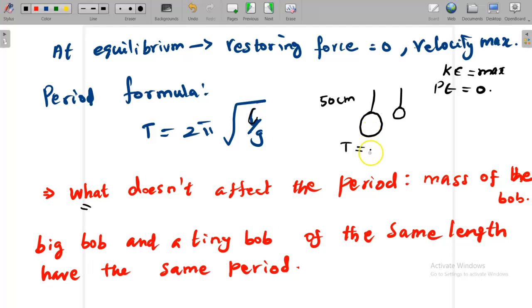The time period value for the bigger metal bulb is equal to the smaller metal bulb. It will not change. Even though the mass of the ball is different, the time period is the same if the length is the same, a constant length for both. You can pause and copy it.